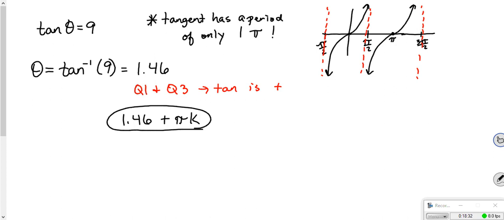I don't have to list both of them and then do 2 pi k. I just have to list one, and then instead of having a 2 pi period, it's got a 1 pi period. So it just has one answer. Okay, now, problem 5.